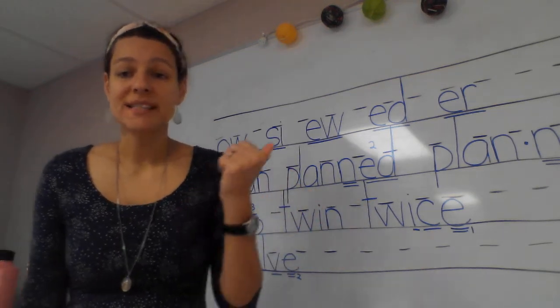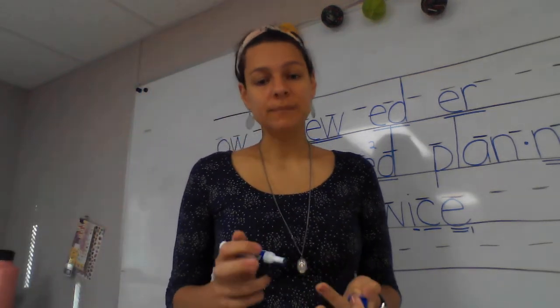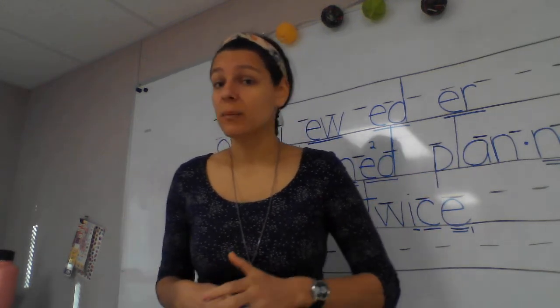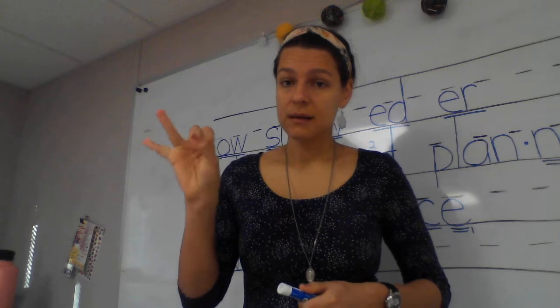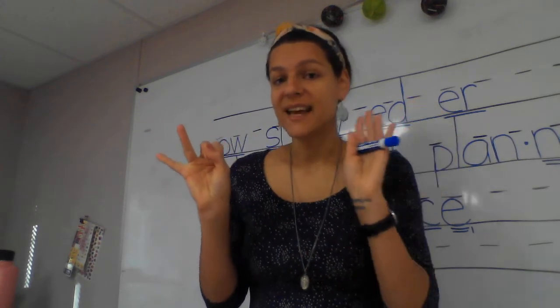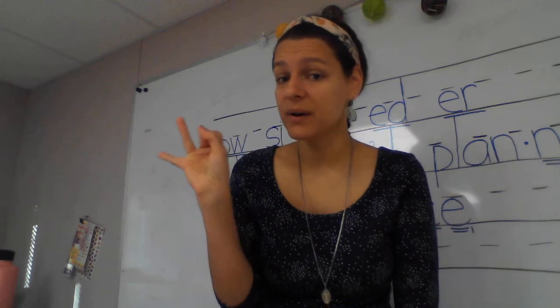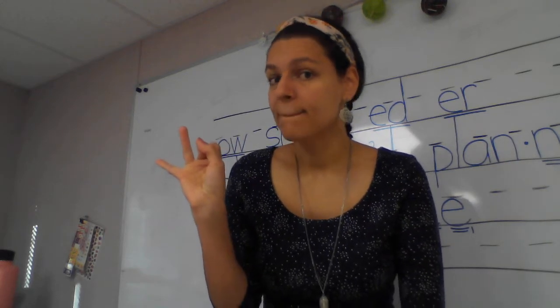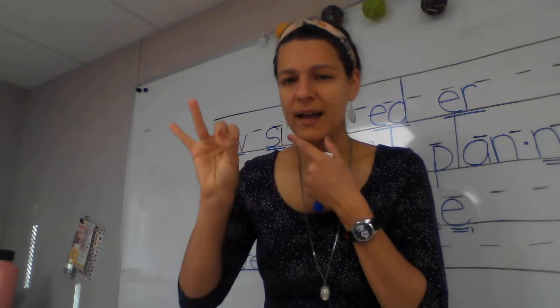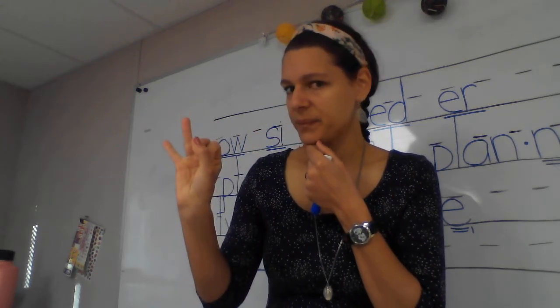The second syllable is tee. What's the second syllable? Good, tee. What sounds do you hear in the syllable tee? Good, t, E. It's y, it's i, e. Which E are we using? Good. And what lets our y say E?